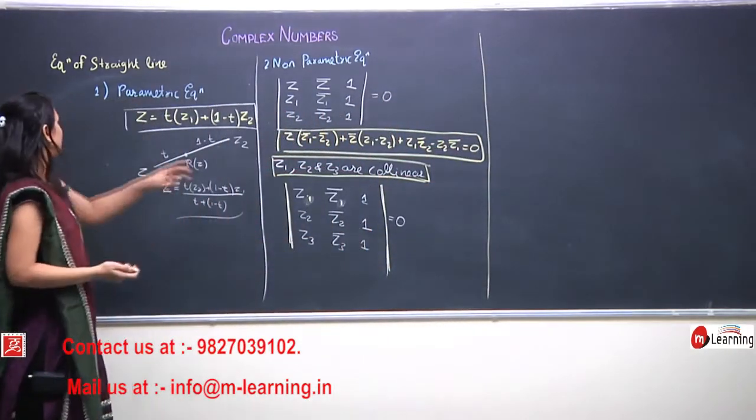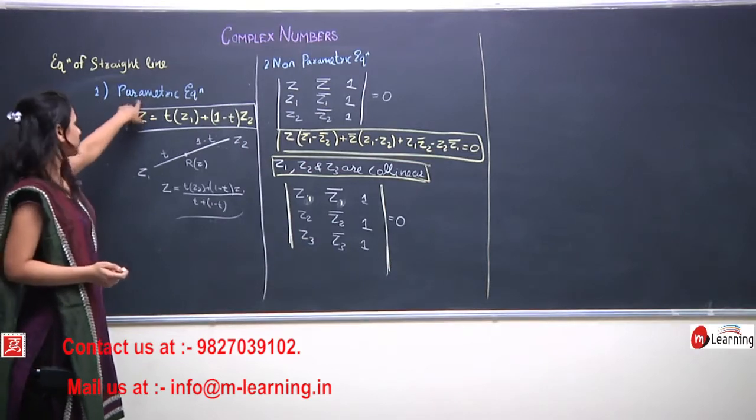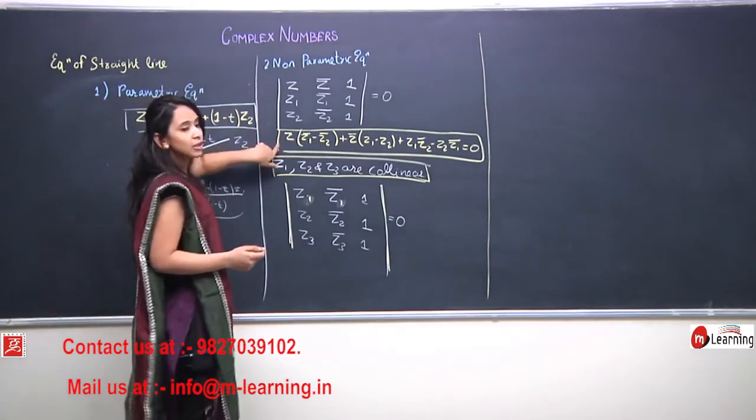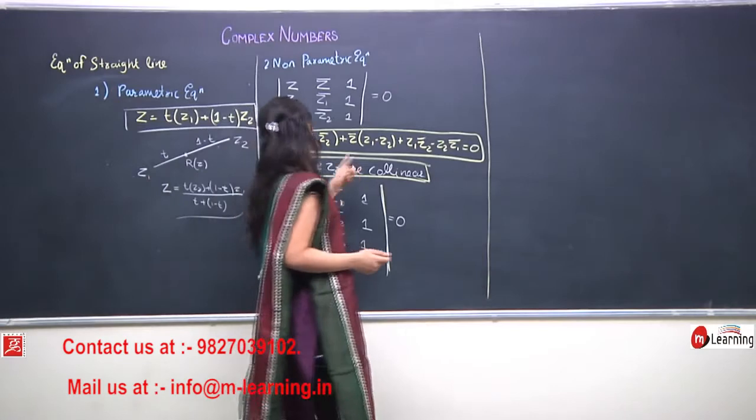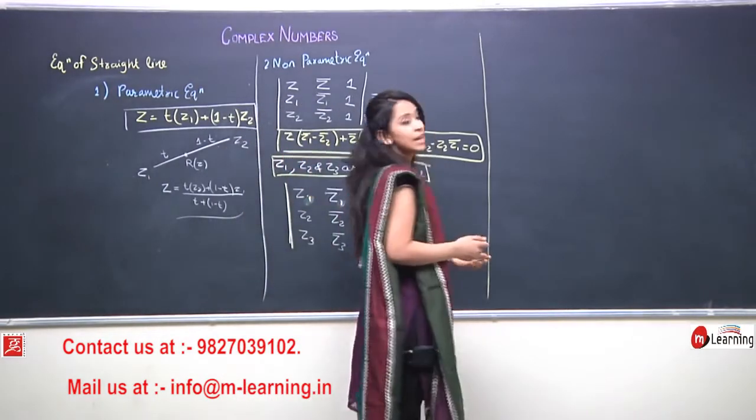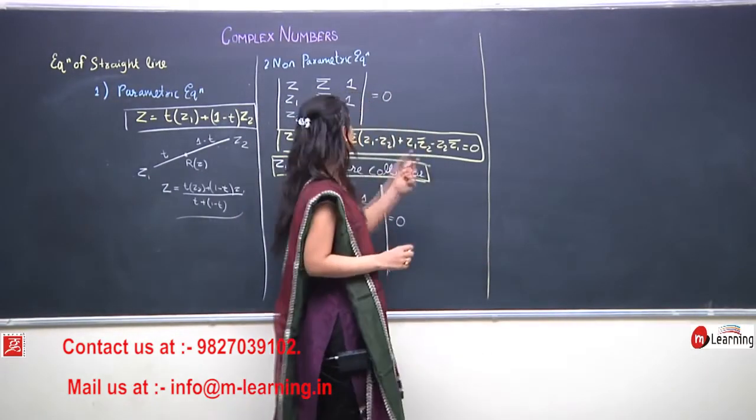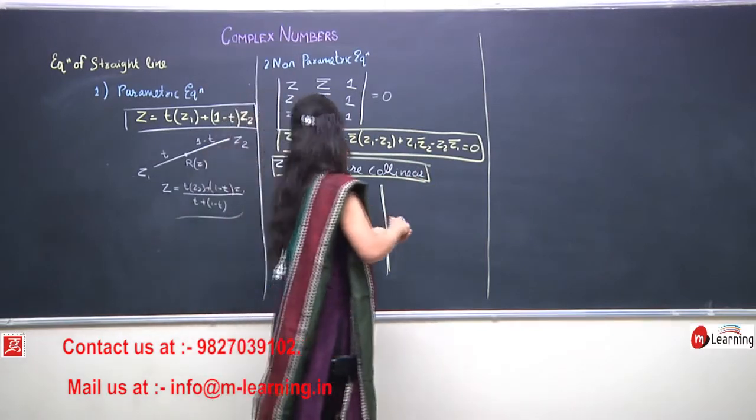Here we have derived the equation of a straight line in terms of parameter t, and this is the non-parametric equation for a straight line. Now based upon these two equations, let us try to write a general equation for a straight line in case of complex numbers.